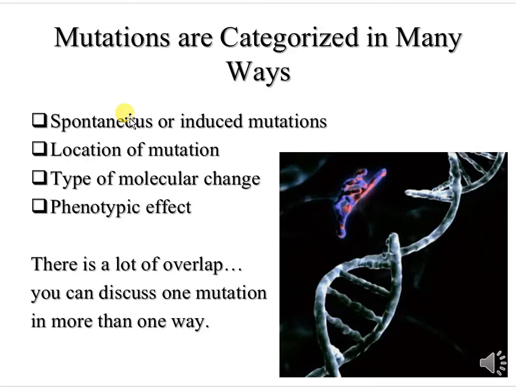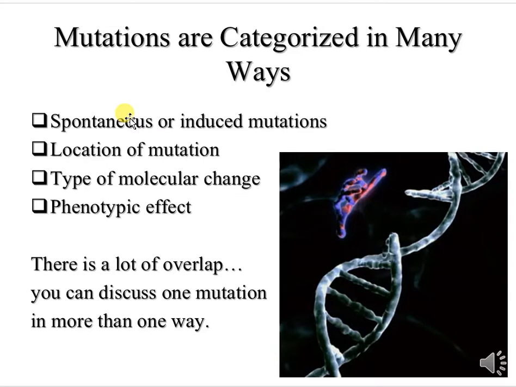Now, you often can't put a mutation in a specific little category bin. So you can't categorize mutation just by a phenotypic effect. There's a lot of overlap, and you can discuss one mutation in more than one way, often because, well, you change the type of molecular change, you're going to often have some sort of phenotypic effect. So they often go hand in hand together.